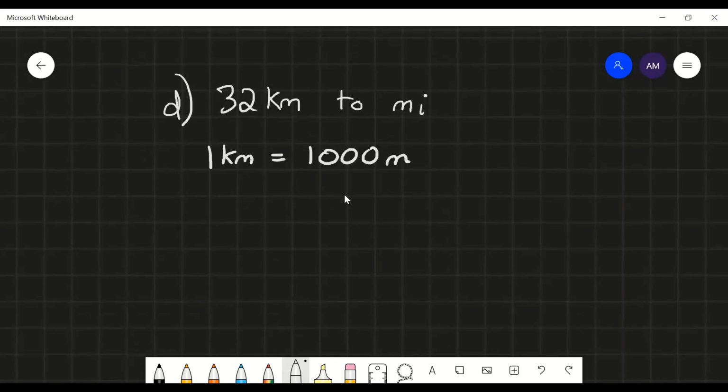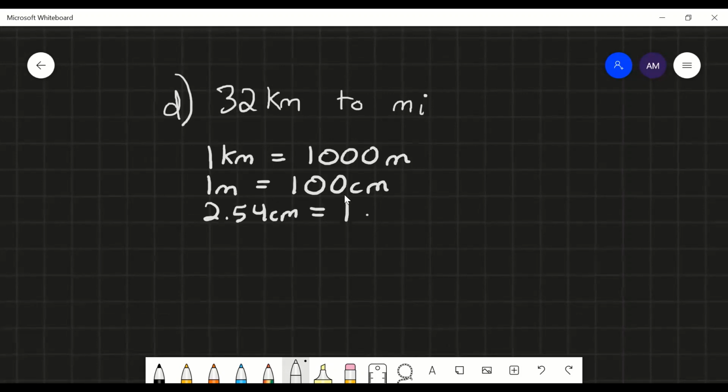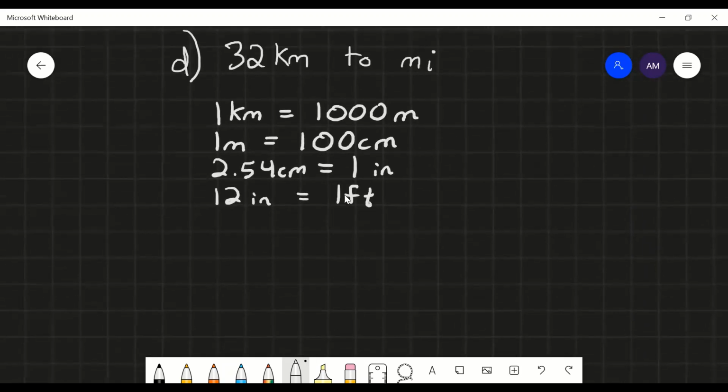However, 1 meter is the same as 100 centimeters. 2.54 centimeters is the same as 1 inch. 12 inches is the same as 1 foot. And 5,280 feet is equal to 1 mile.